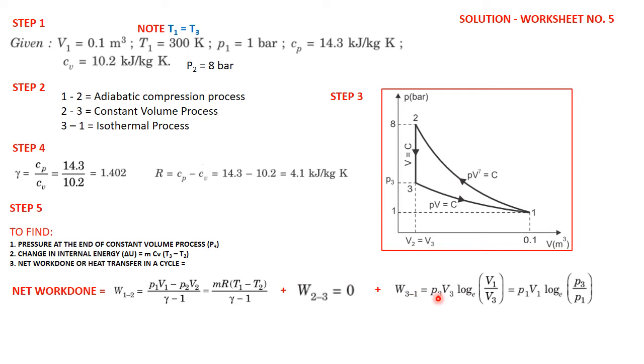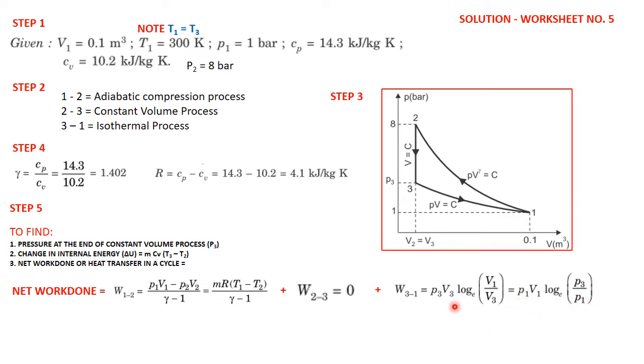And for the isothermal process, we have the formula between 1 and 3, right? P3 V3 log e, otherwise called ln, V1 by V3. In here the initial state is 3 and the final state is 1 during the isothermal process. So I can write either this formula or this formula, both are the same, you will get the same answer.